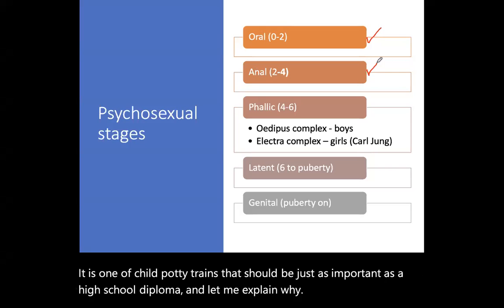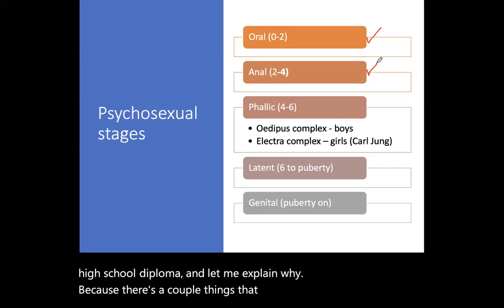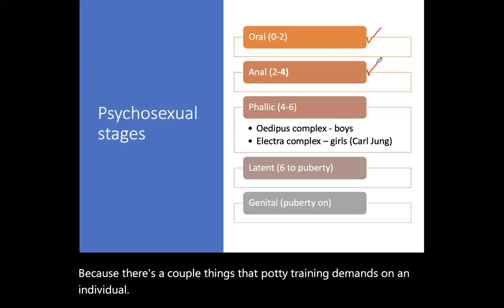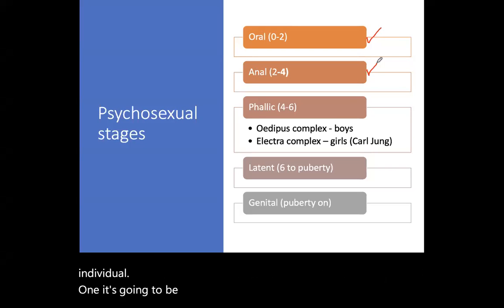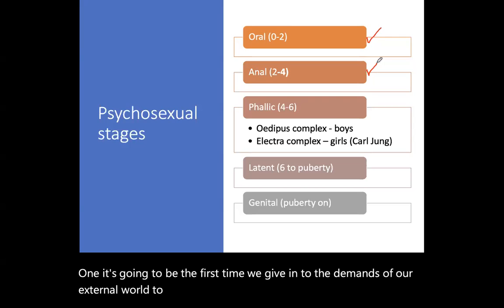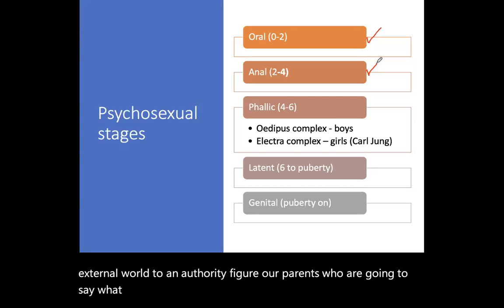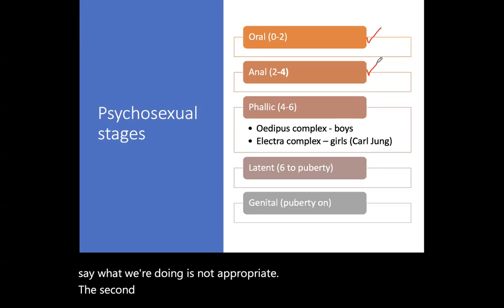Because there's a couple things that potty training demands on an individual. One, it's going to be the first time we give in to the demands of our external world, to an authority figure, our parents, who are going to say what we're doing is not appropriate. The second thing that potty training requires is for us to take control of our biological processes.